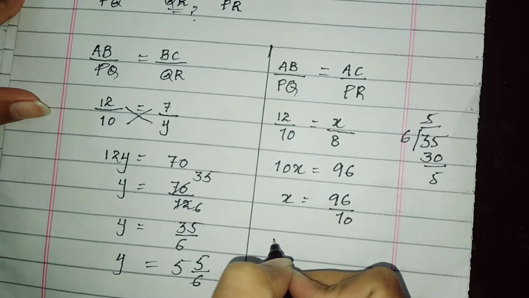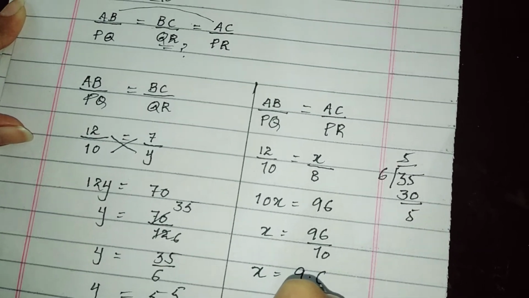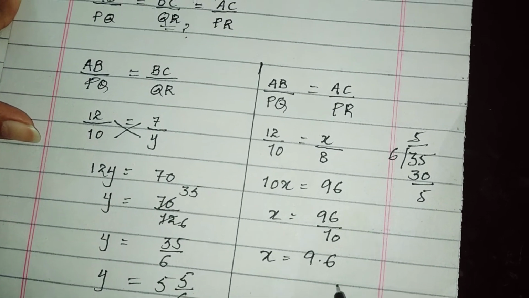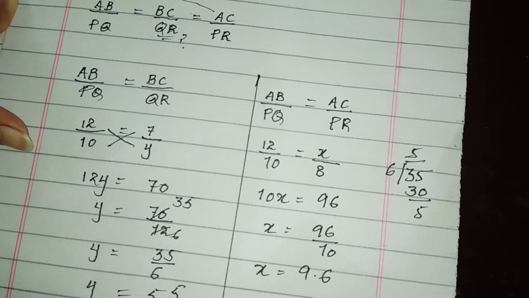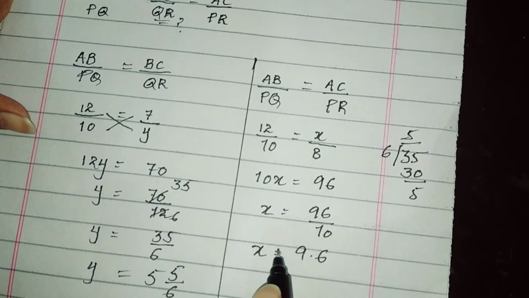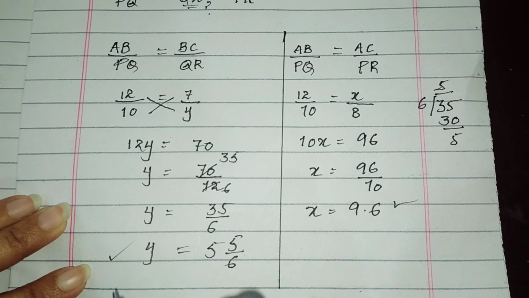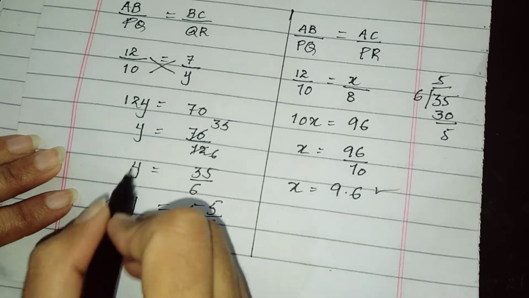When we solve, we will find 9.6, or 9 whole 6 over 10, that means 9 whole 3 over 5. You can find it in decimal, fraction or mixed number, both are correct. So we have found the value of X and the value of Y. Thank you. Hope you will understand all the procedure.